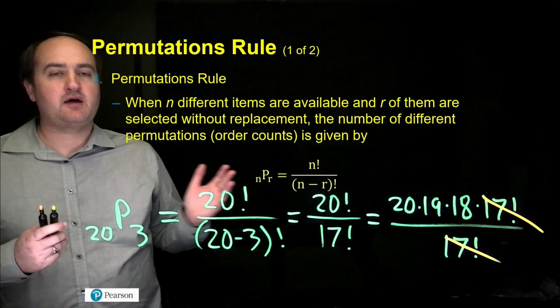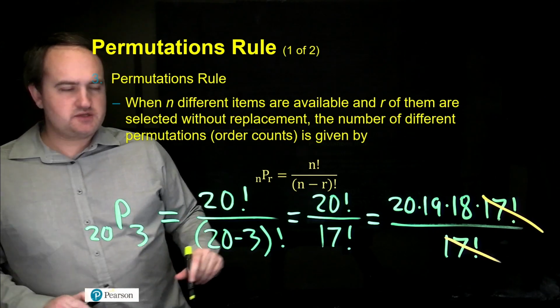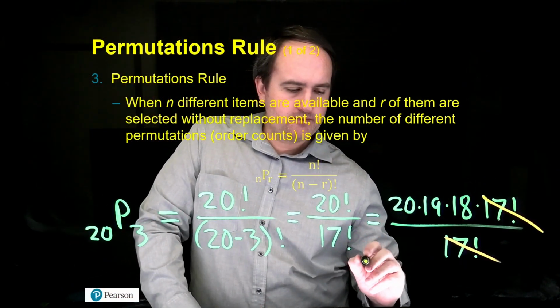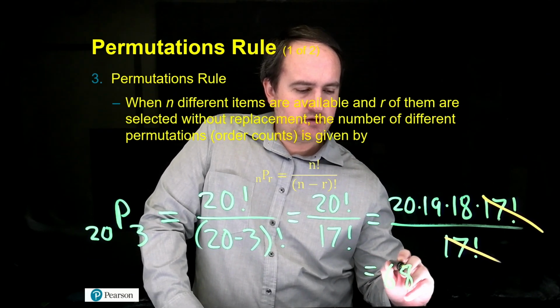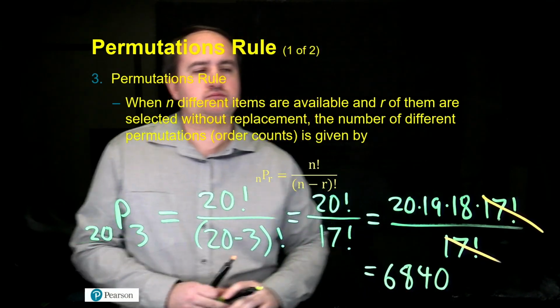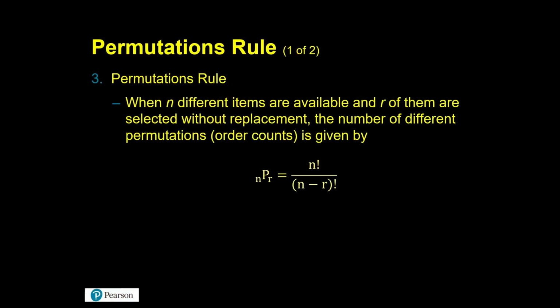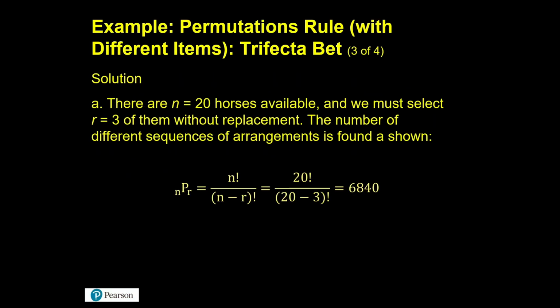But regardless of how you get the permutation, you should have gotten 6,840. Okay, and then if we go back to the slides, we can see that they got the same answer we did. This was permutations because order mattered.